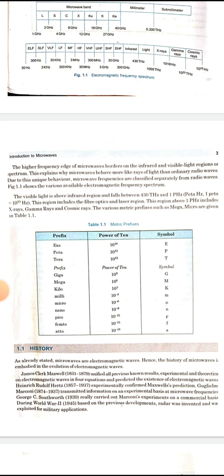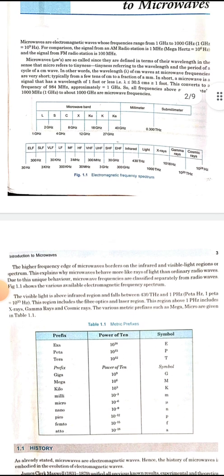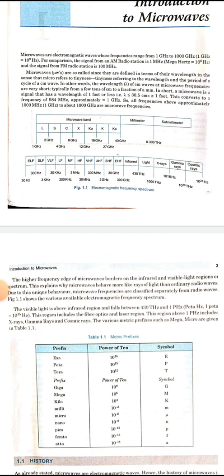Then micro, 10 raised to minus 6, symbol mu. Then nano, 10 raised to minus 9, small n. Then pico, 10 raised to minus 12, small p. Then femto, 10 raised to minus 15, small f. And last is atto, 10 raised to minus 18, symbol small a. So, in this lecture, we discussed the electromagnetic spectrum and its different bands.